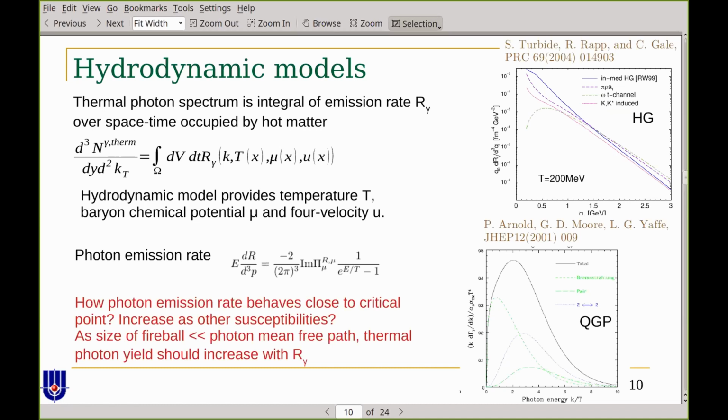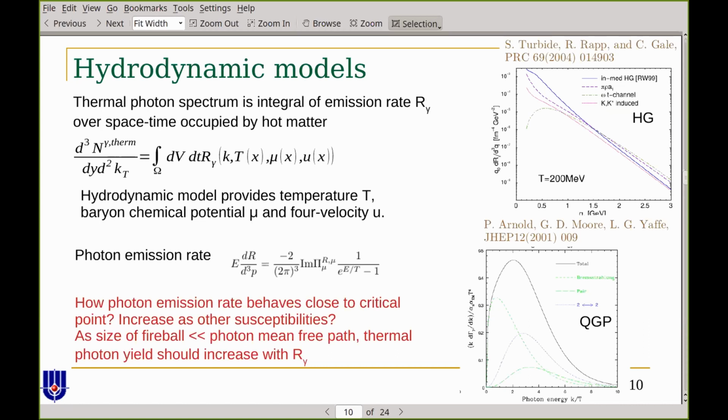So the question appears: what happens with the photon emission rate when matter goes closer to the transition region? Whether it should increase as any other susceptibility.